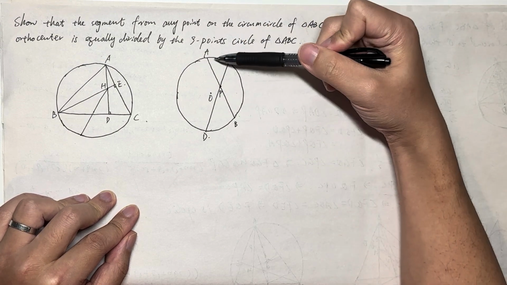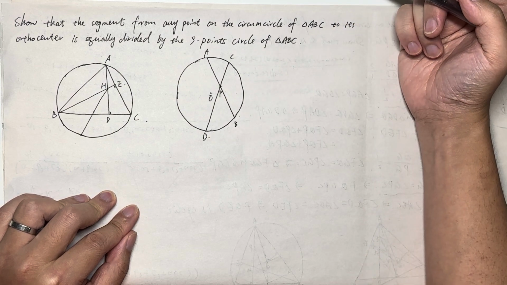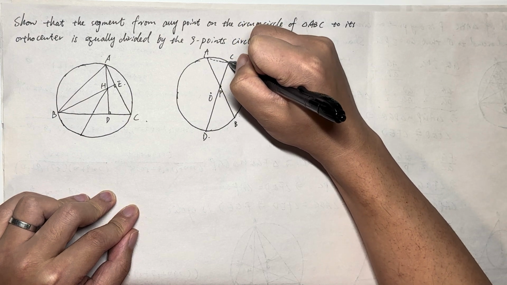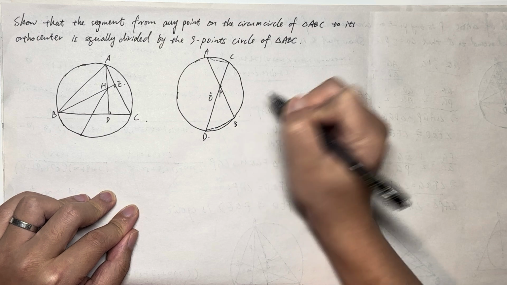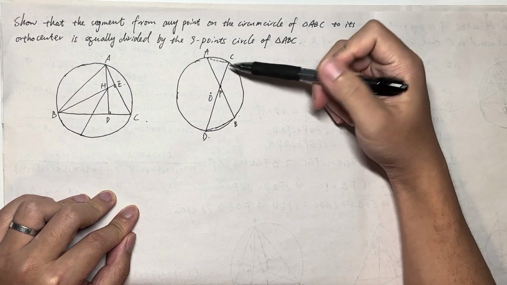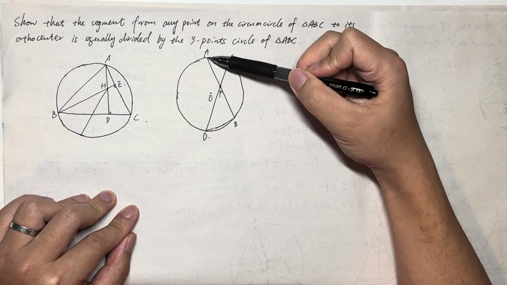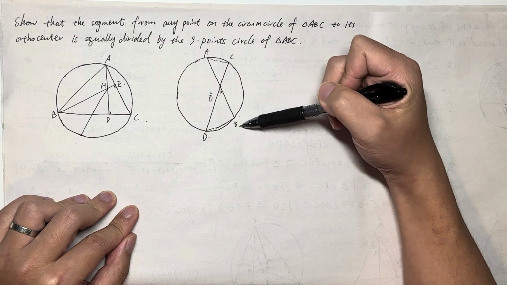So we already know that A, C, B, D are cyclic. We can connect AC, we can connect DB. It's very easy to prove that triangle APC is similar to triangle DPB.